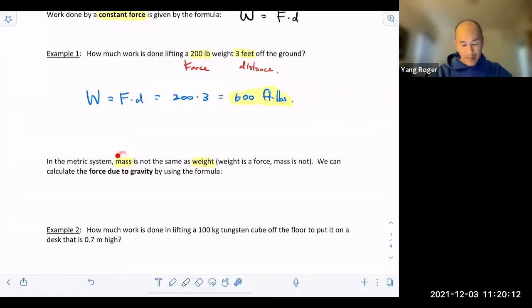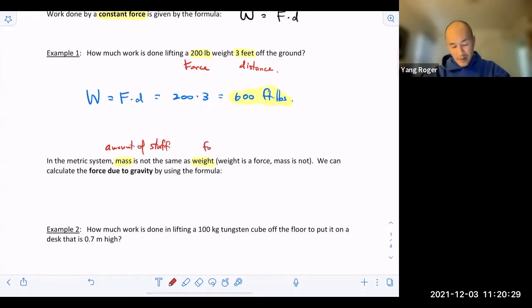Mass is the amount of stuff you have. So your mass is how much of you there is, okay? Weight is the force acting on a mass.